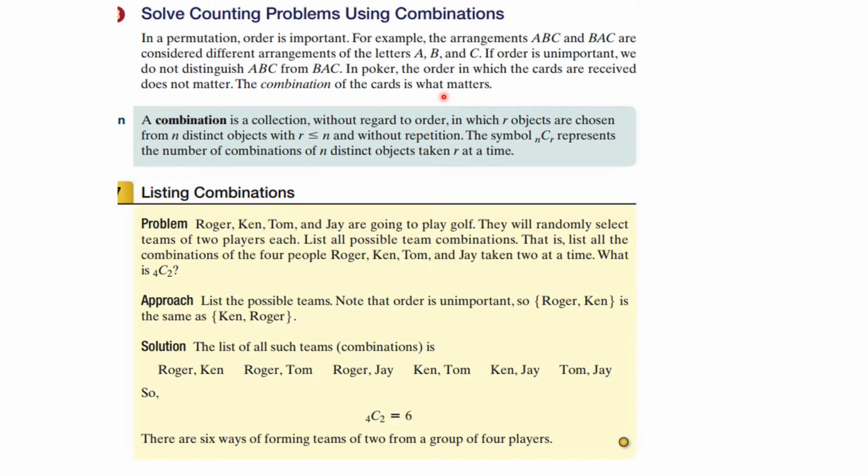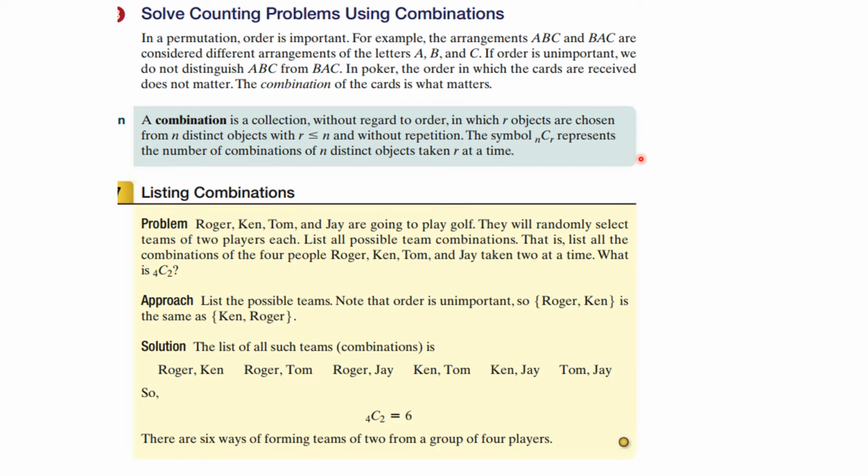The combination of the cards is what counts, and combination here is a loaded word because it has a mathematical meaning. So here's the definition. A combination is a collection without regard to order, and that's very important, in which our objects are chosen from n distinct objects. The objects are still distinct, r is less than or equal to n, and you can't repeat the objects.